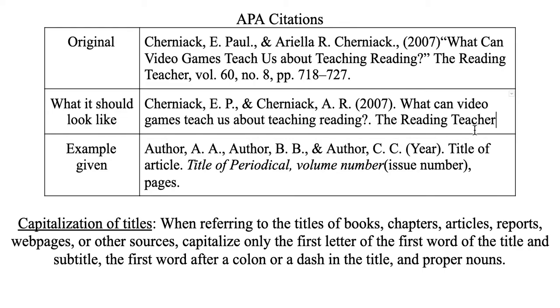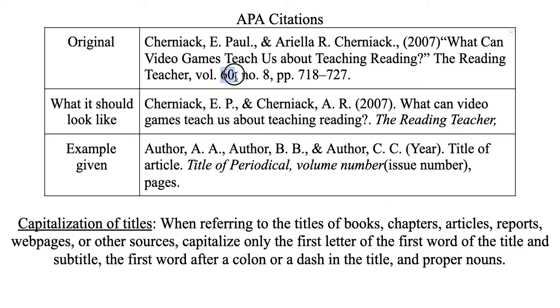Okay, and this should be italicized. Right, italicized. And notice we did not take the capital letters away from here because that is the title of the periodical. Okay, so after the title, I have the comma, okay, comma, space, and it says volume number.